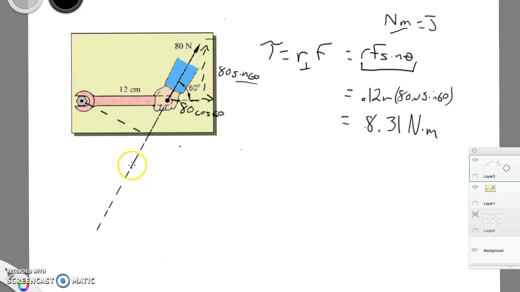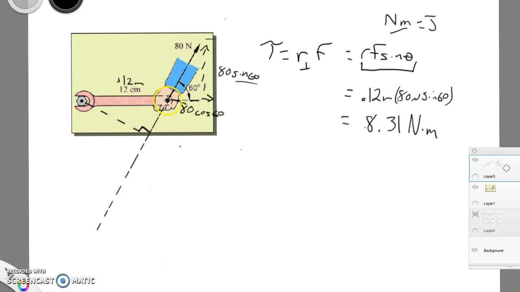If you trace the force back, you're looking for the point where it comes closest to this axis of rotation, and if you trace the line from the axis to the closest point, you get a right angle. So this is the place for which the radius is perpendicular, which is 0.12 meters right here.